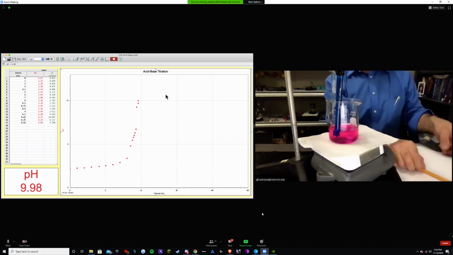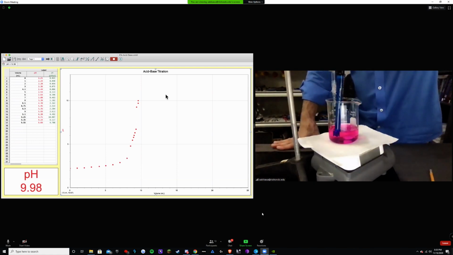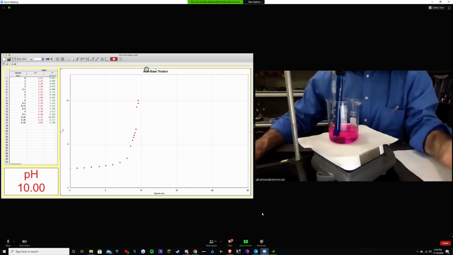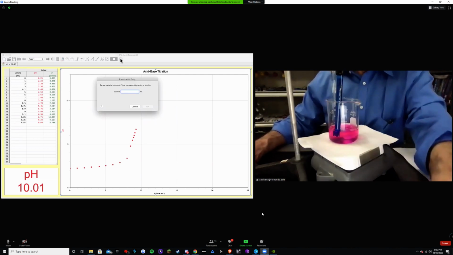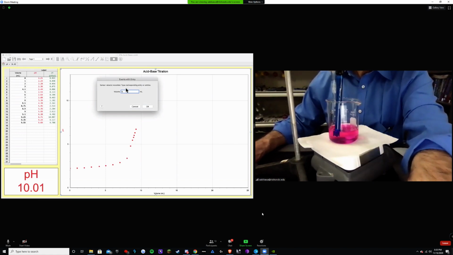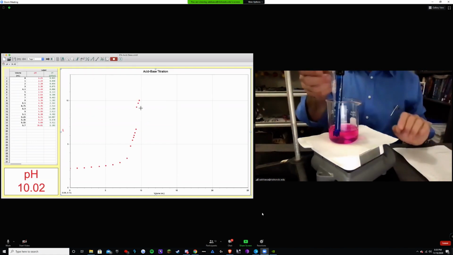All right, as we go there, the value looks like it slows down. Right now it is 9.7. Just accept that value as 9.7. All right, so let me add a few more drops.